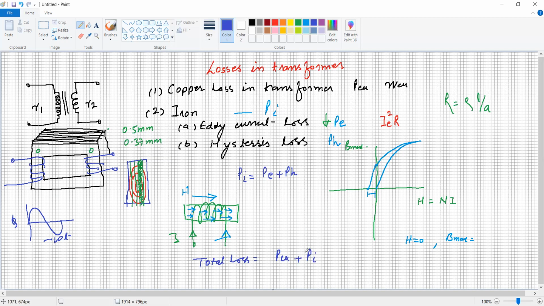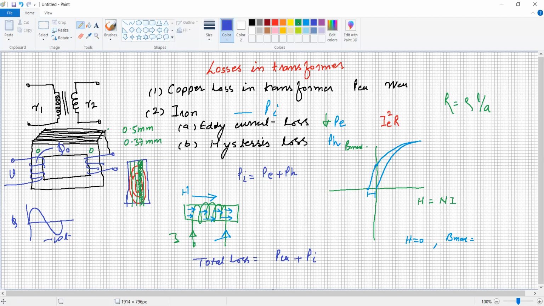Now, the flux depends upon the voltage. As long as your voltage is constant, in the practical case for the transformer connected to the source, the voltage is constant, so flux is constant, isn't it? And in the first and second lecture, we found that whatever the flux created by no load current, it will remain constant.